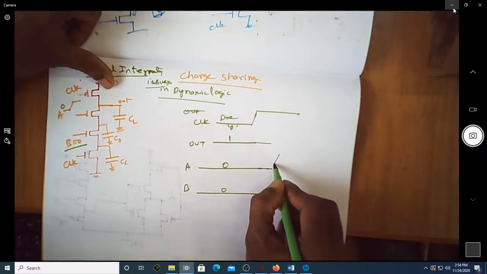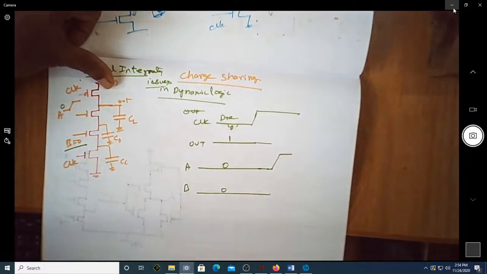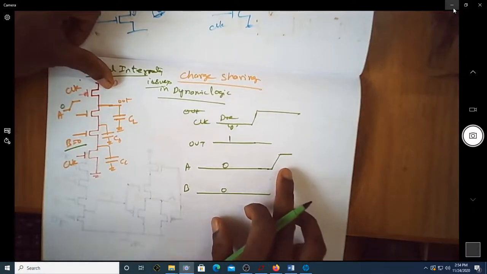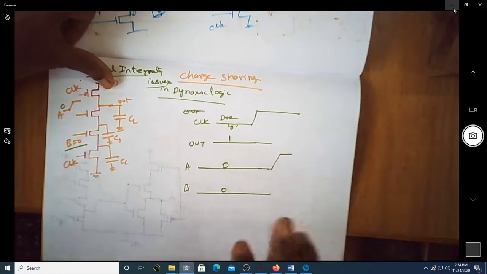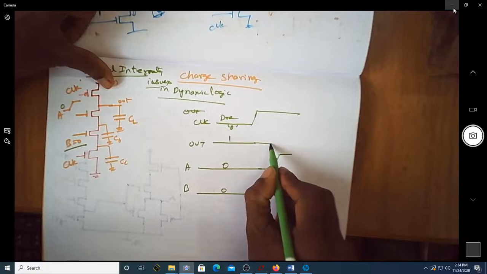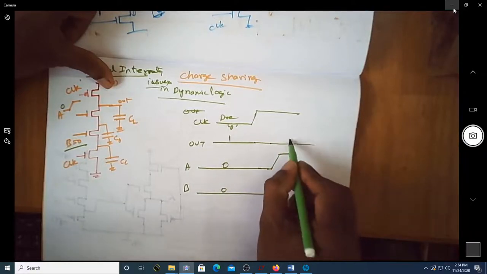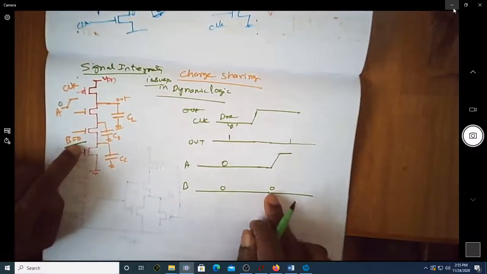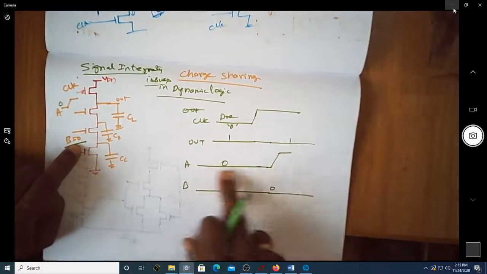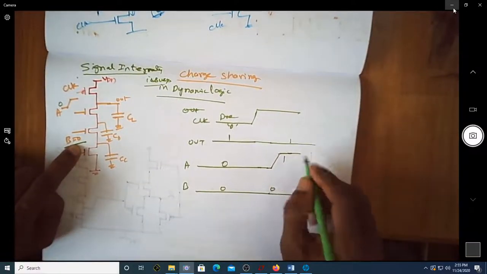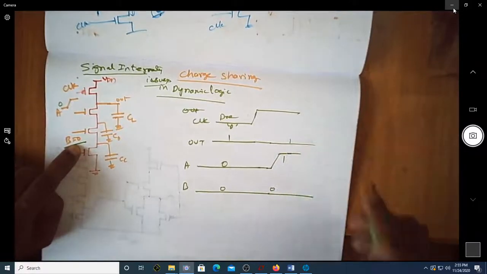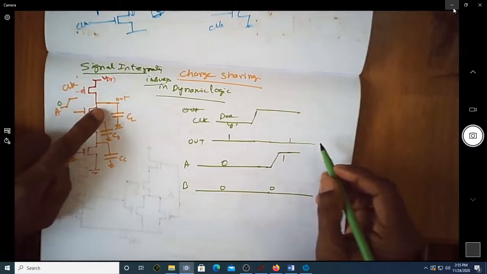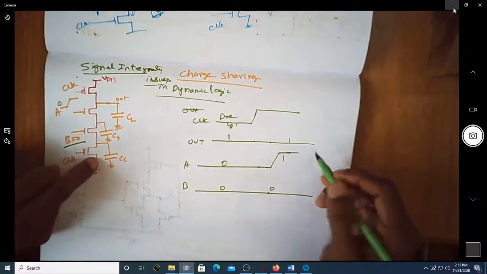Assume that the clock goes high. What should ideally happen is that the output should remain high, because this is still 0. As long as this is 0, and only if A goes high, ideally this voltage should remain at VDD, because there is no path for this capacitor to discharge to ground.